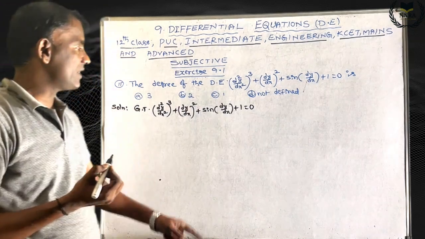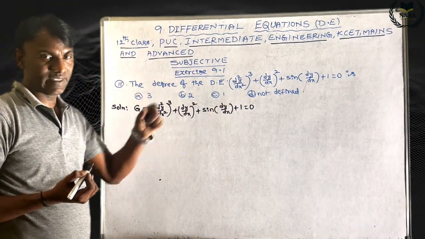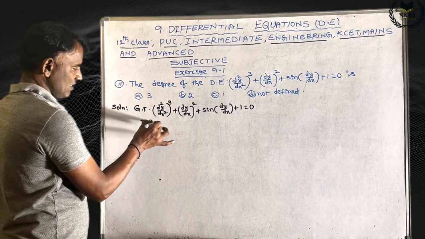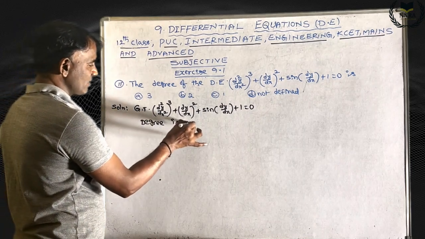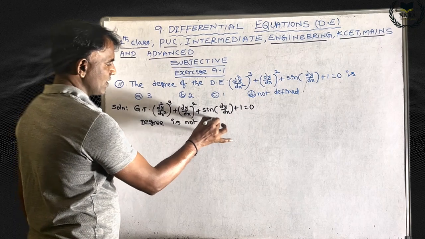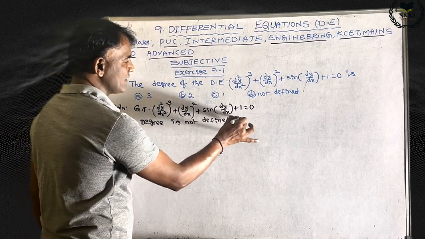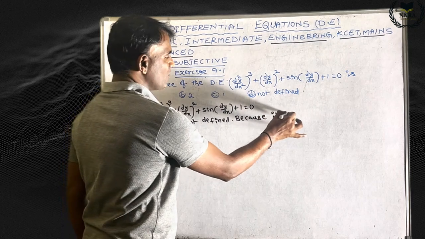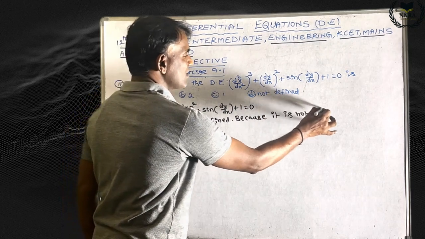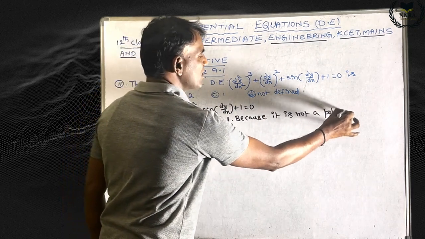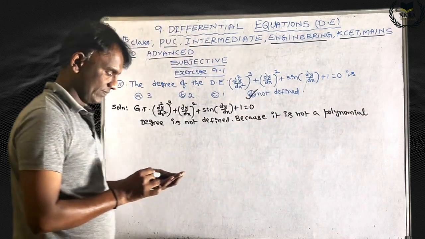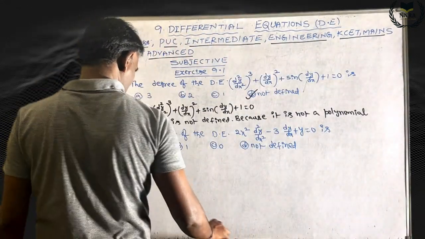Why? Because the derivative dy by dx is inside of this function. So degree is not defined. Just write here degree is not defined. Why is it not defined? Because it is not a polynomial. So what is the answer for this? Answer is D.